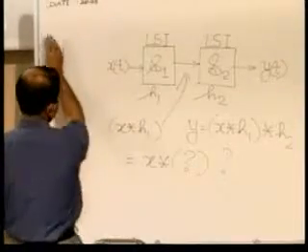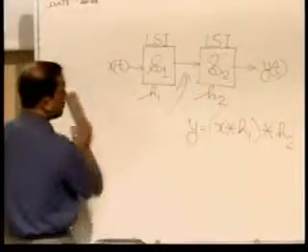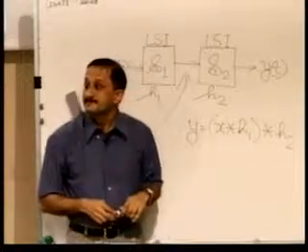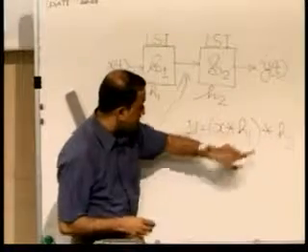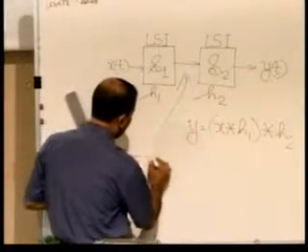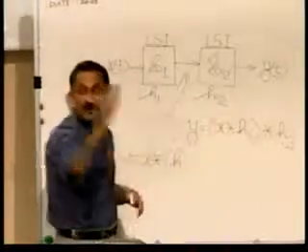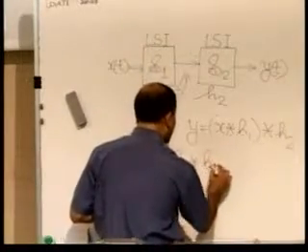In fact, the most obvious choice is to see whether we can interchange the bracketing here. Can it be true that x convolved with h1, the whole convolved with h2, is the same as x convolved with the whole of h1 convolved with h2?